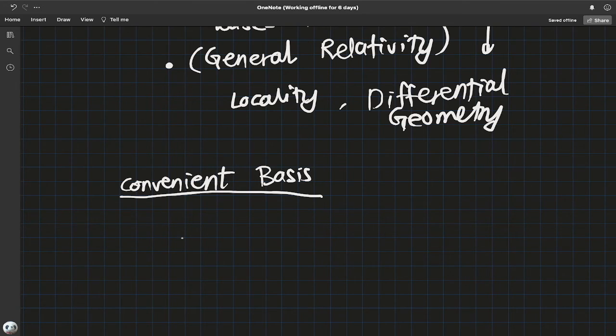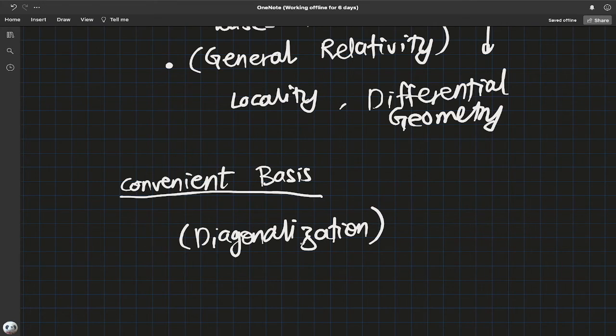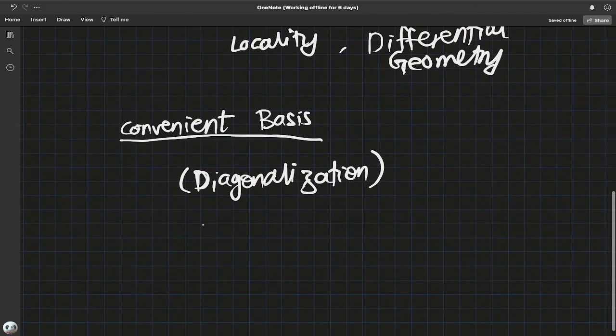So choosing a convenient basis, that's where diagonalization comes in, or converting each matrix representation of a tensor into a diagonal matrix. Again, this shouldn't come as a surprise, because we can diagonalize matrices themselves if you treat them as independent entities, or elements of, say, GL3.